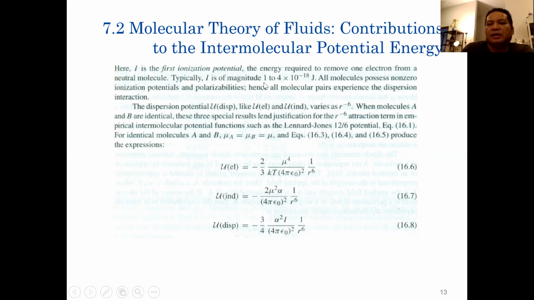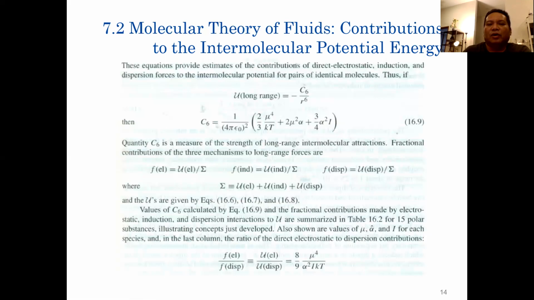So I is basically 1 to 4 times 10 to the power of minus 18 joules. With this, we have three types of potential: electrostatic, induced, and dispersion.